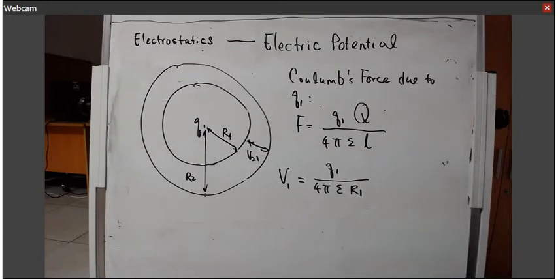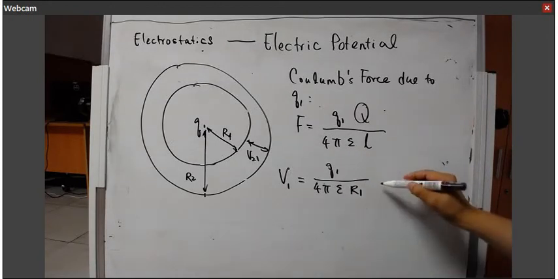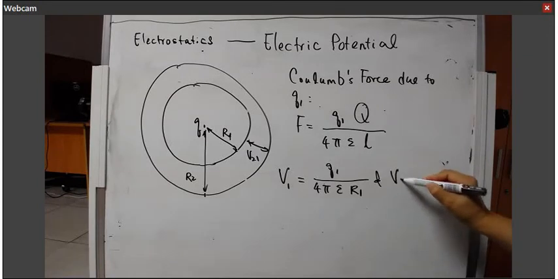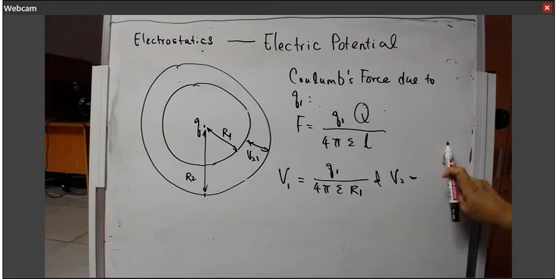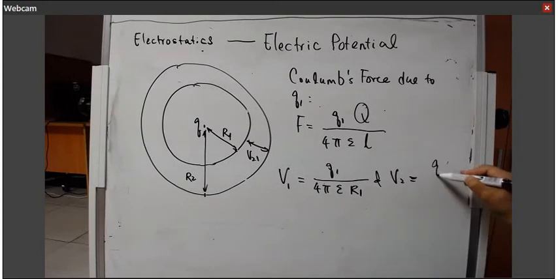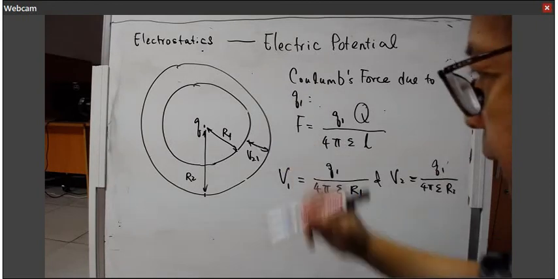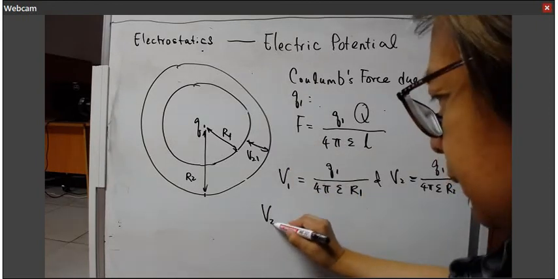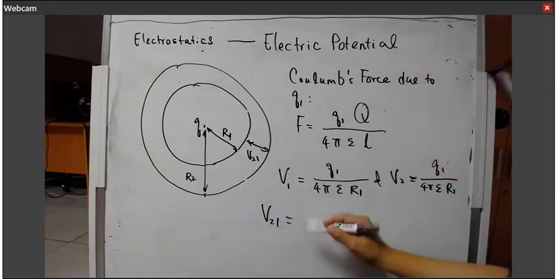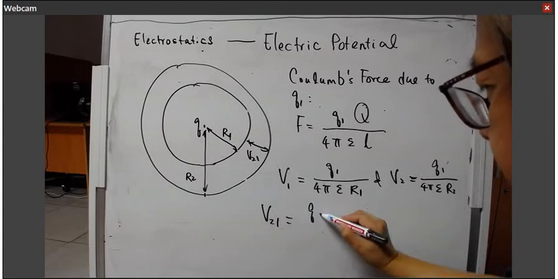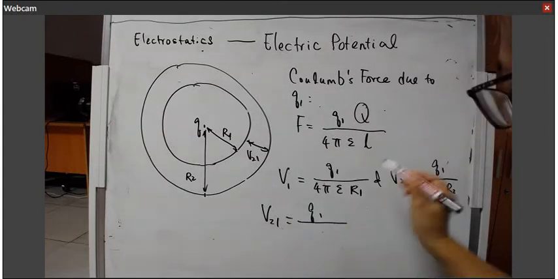And for exactly the same reason, we have also got V2 equal to Q1 over 4 pi epsilon R2. So if you want to know the voltage between these 2 points, the easiest way to calculate it is just to find the difference between them.